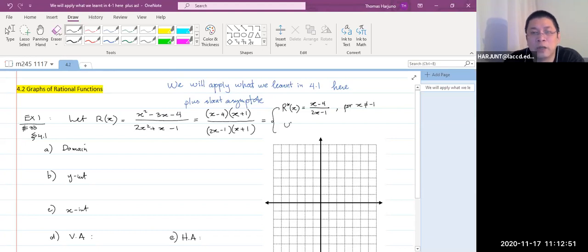It will be undefined at x equals -1. In fact, it is a hole at x equals -1. From here, we see the domain is all real numbers except 1/2 and -1.